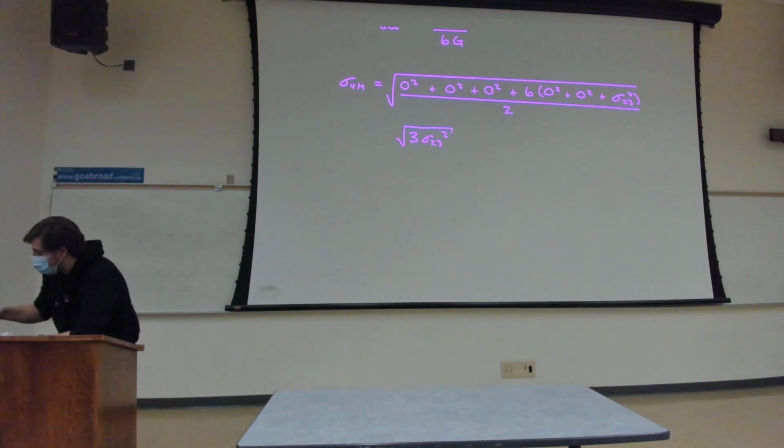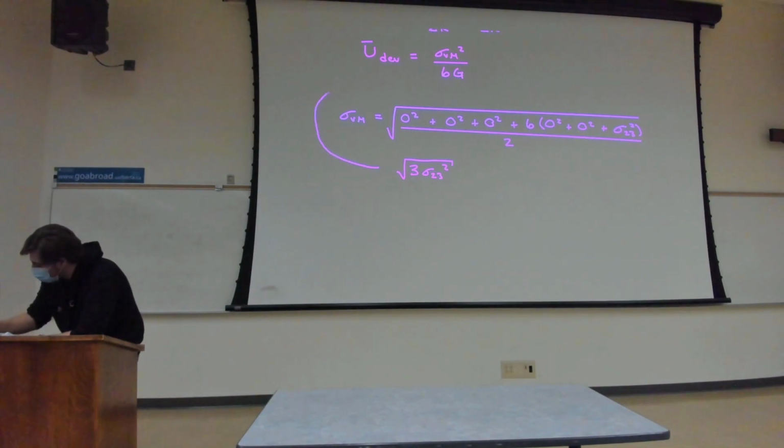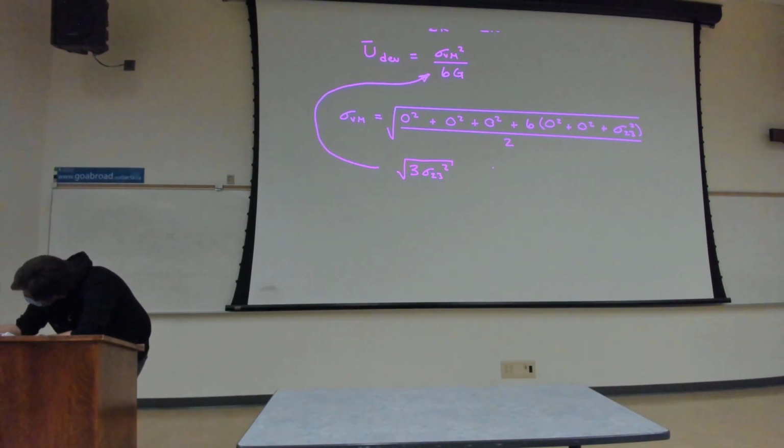So now all we have to do is substitute this into our equation above. So we get that u is going to be equal to the square root of 3 sigma 23 squared, squared, divided by 6g.